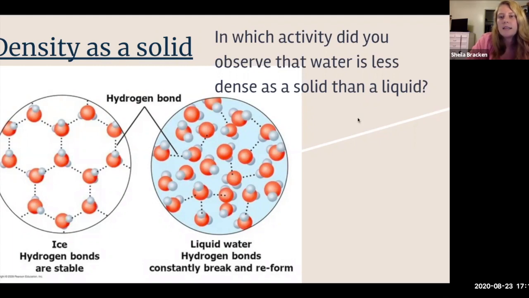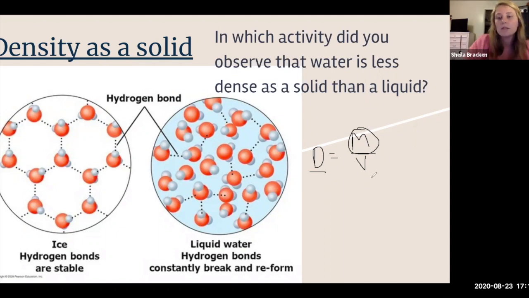So density, as we all know, is mass divided by volume, right? The mass is going to stay the same, but now we're going to divide by a larger number. We now have more volume in here. And when we divide by a larger number, the quotient of that division problem, the answer, is going to be a smaller number, right?